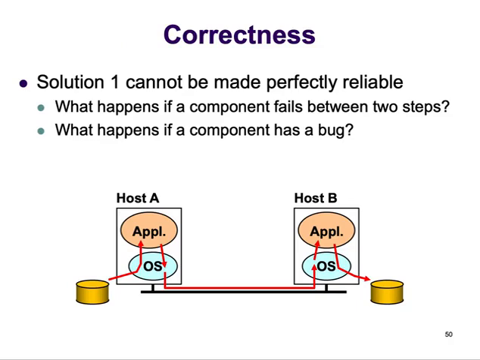The problem is, solution 1, you cannot make it perfectly reliable. What if, for example, the application at host B received the file, but before it wrote it to disk, it crashed? Then host B wouldn't have the file. That's one possibility. A worse one, let's say you had a component that had a bug. Let's say you misconfigured your network, or you misconfigured the application, so it actually doesn't run the checksum calculation.